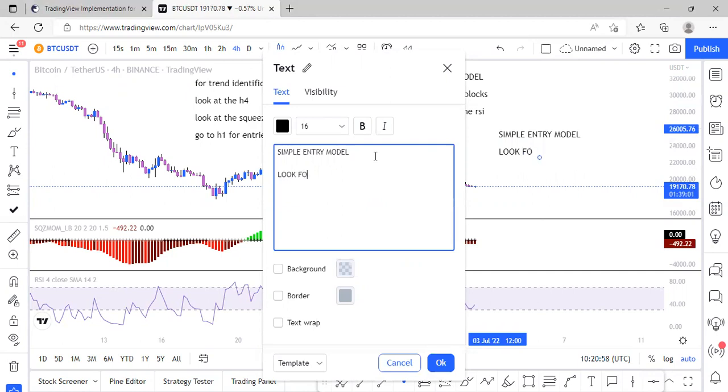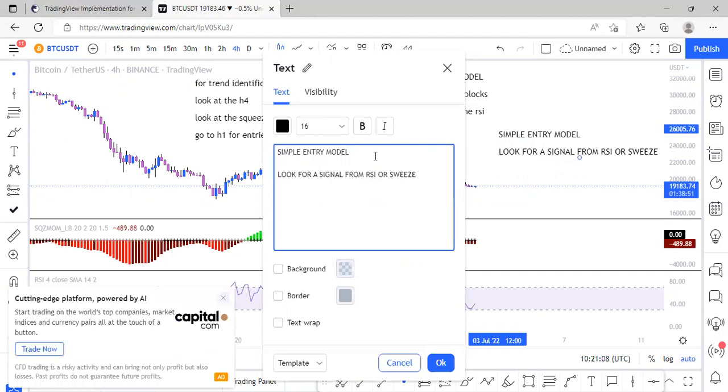Look for a signal from the RSI or squeeze on H1.